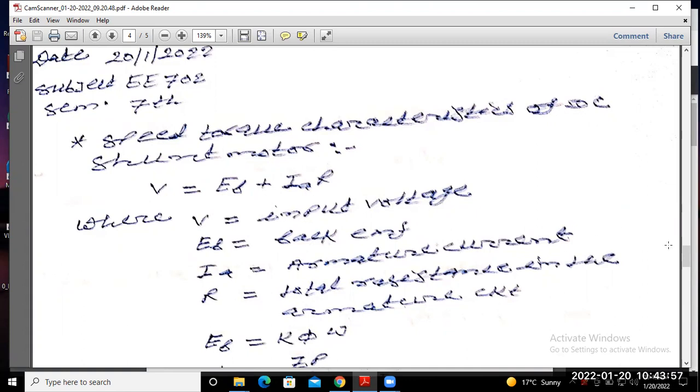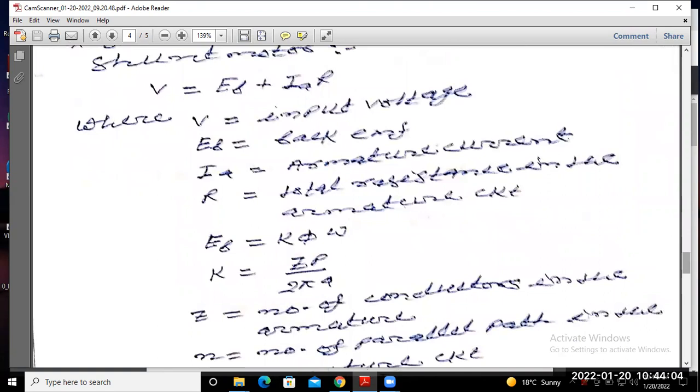Here K is equal to Zp by 2 pi A, where Z is the total number of conductors in the armature circuit, and P is the number of poles in the machine.